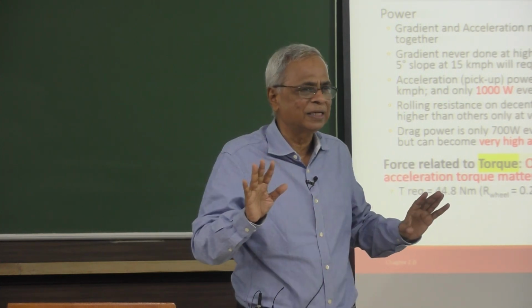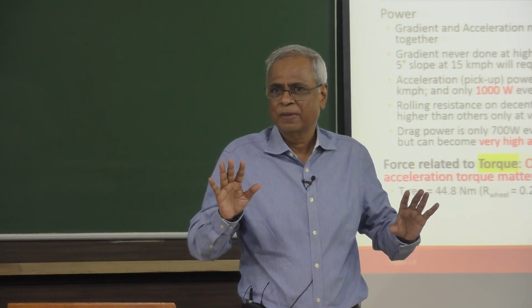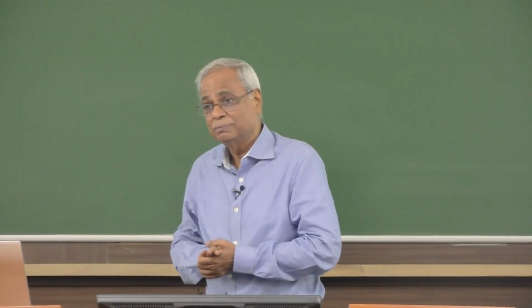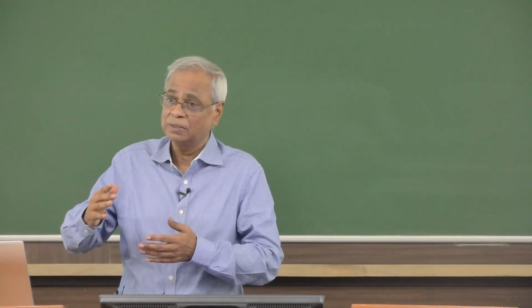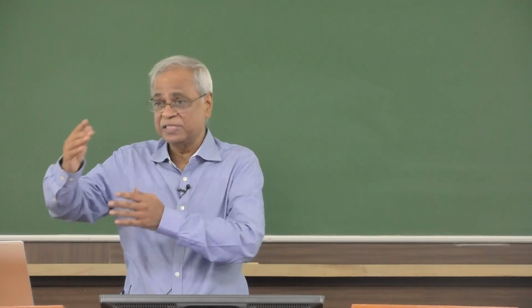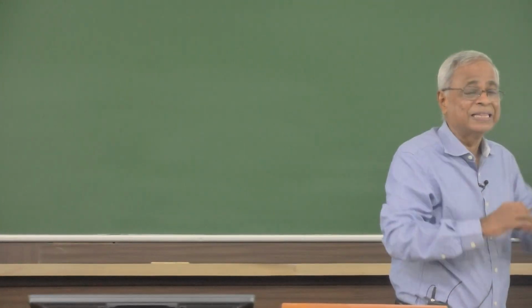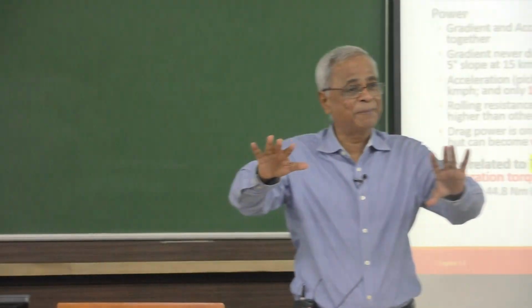I cannot go more than that. If on the other hand I want 90 kilometer per hour, I will require a motor which is 5-6 kilowatt with peak going to 8-9 kilowatt. And that is a distinction that you see today in the market in India.